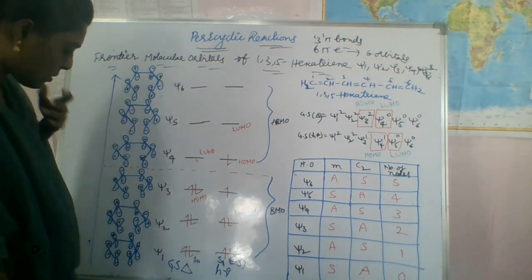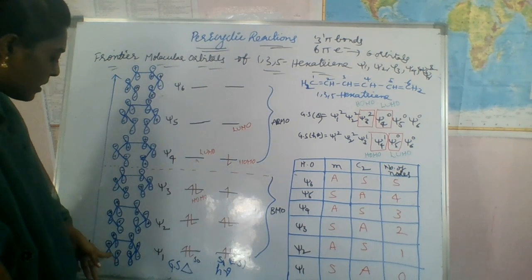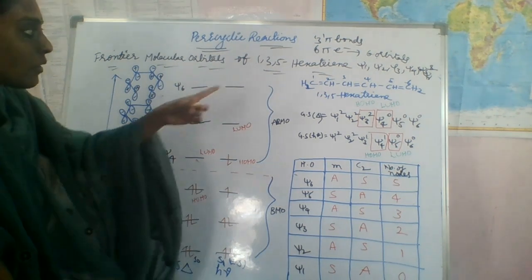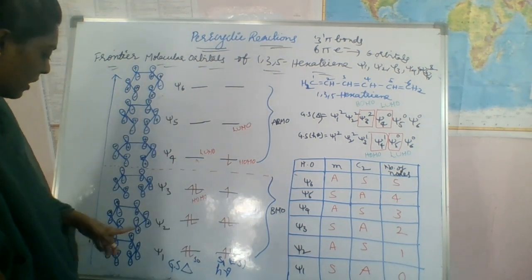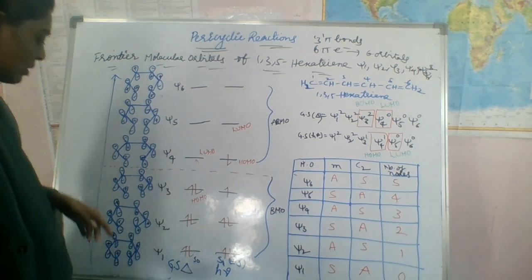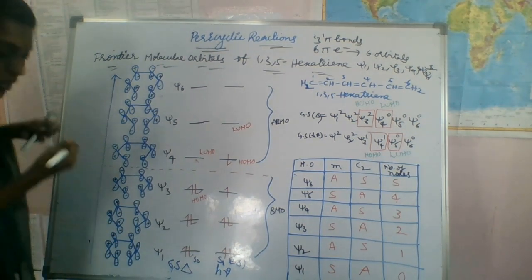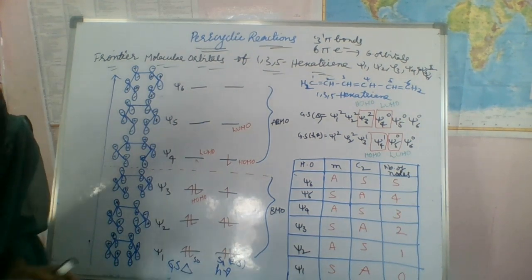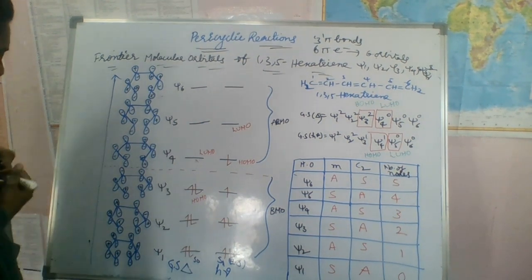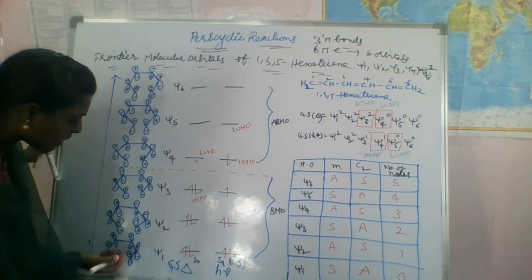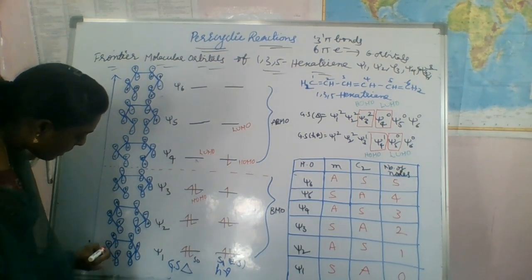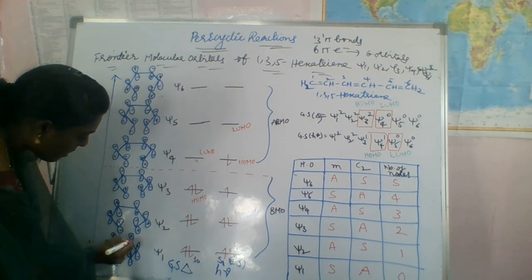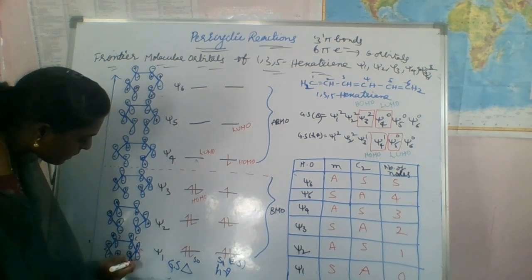If you take this, this is 1,3,5-hexatriene. See here, this is the first carbon, and you can number from either side because the length is the same: 3, 4, 5, 6.